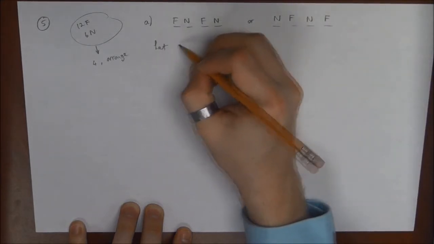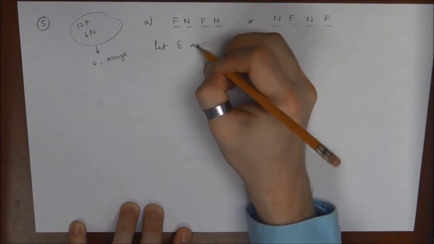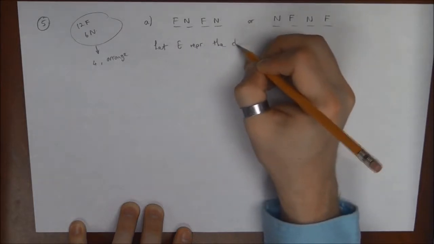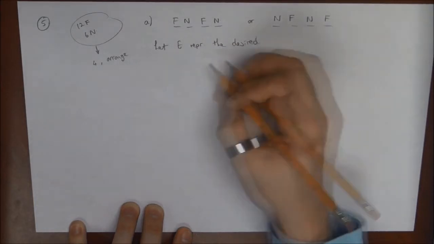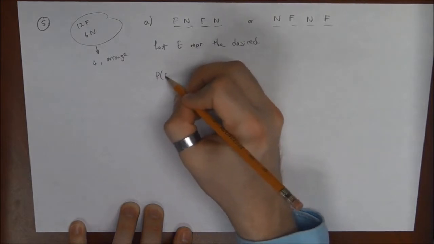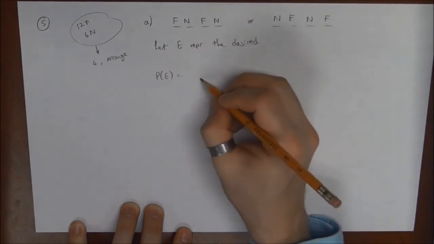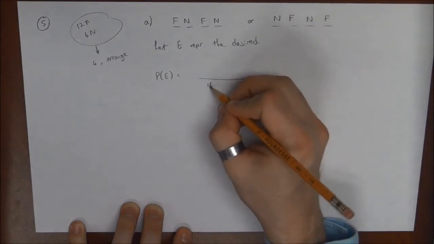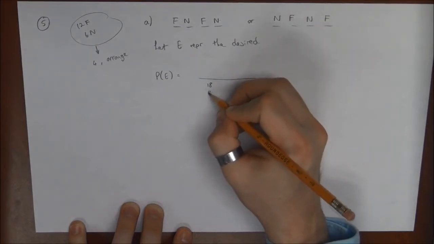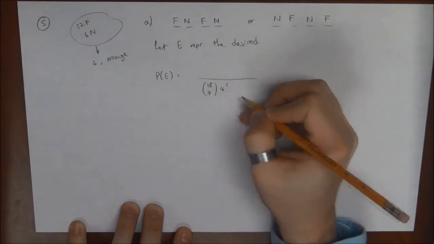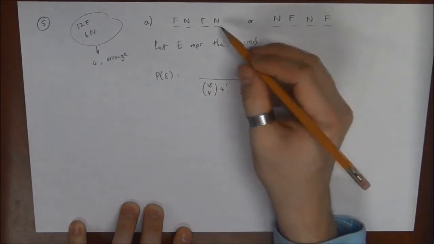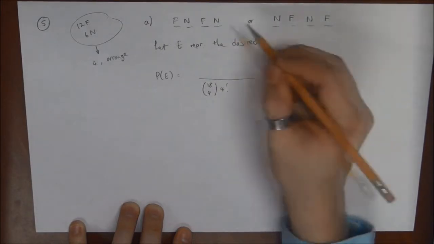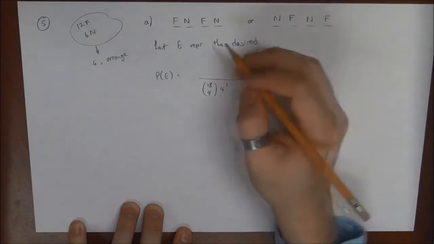For a probability, let's define E as the desired event, just giving it a name, just a formality, so I can talk about the probability of E. Bottom first, no restriction. I have 18 books, choose 4 and arrange. Now the top, I'm going to follow these 2 different cases.